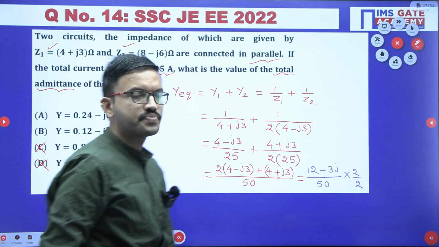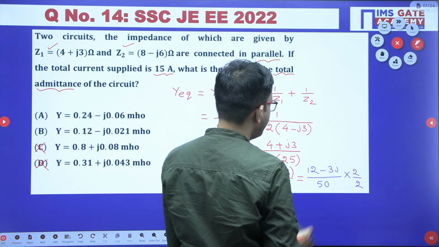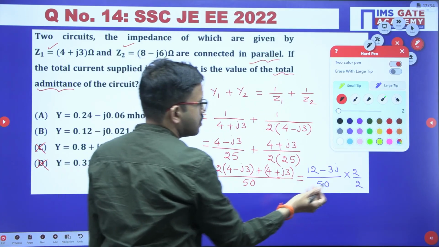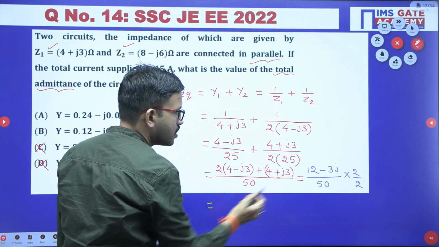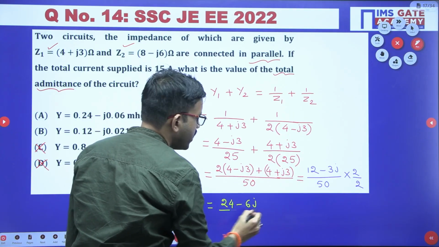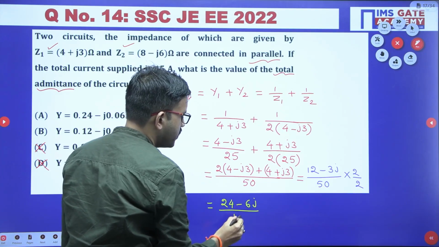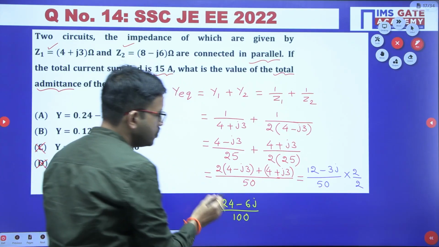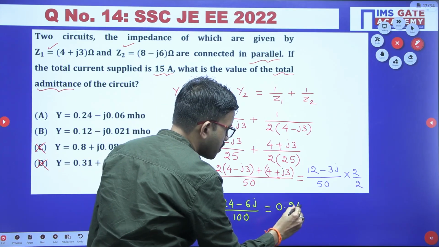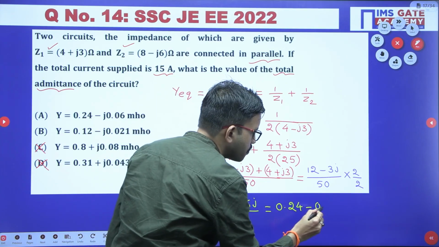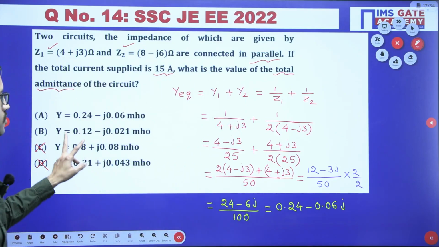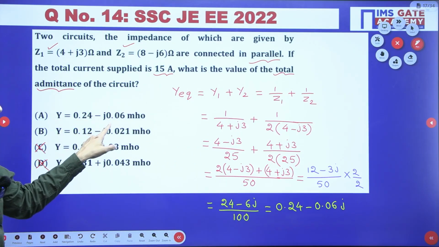Numerator: 2 12s are 24 minus 2 3s are 6, divided by 2 50s are 100. Now you can easily represent the values. 24 by 100 is 0.24, minus 6 by 100 is 0.06. So 0.24 minus j 0.06.